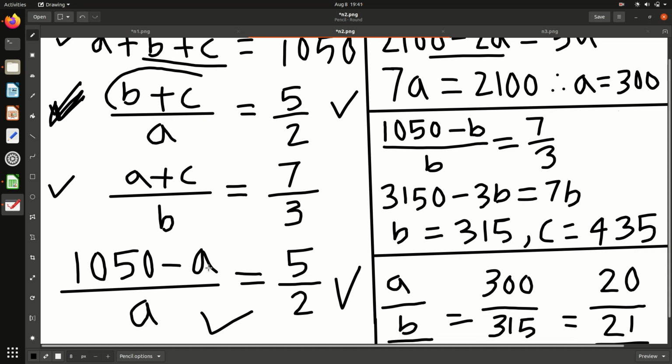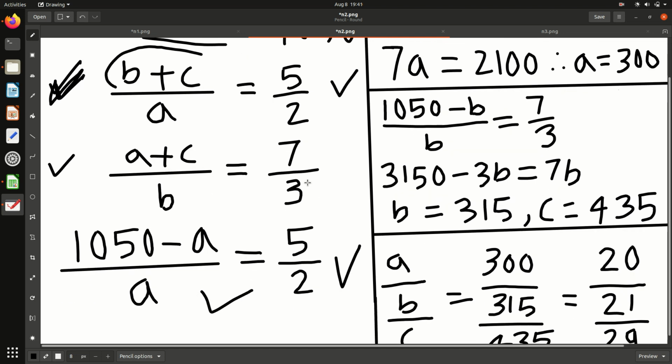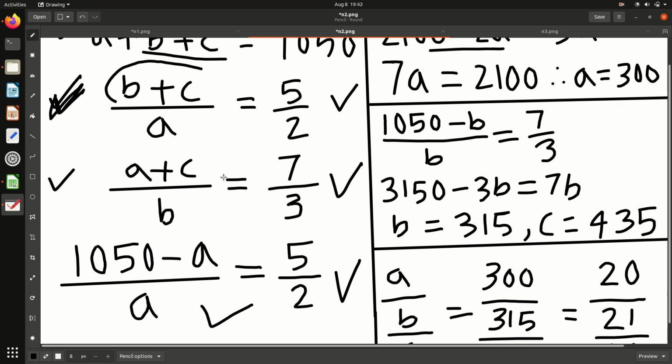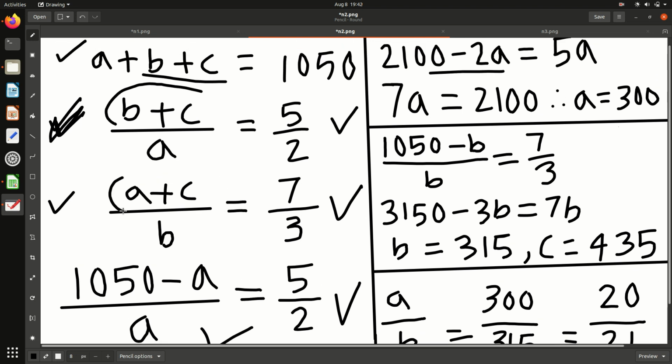Now we have to get the value of b. If you look carefully at equation 3, here also we can replace a plus c with 1050 minus b, because a plus c will be 1050 minus b from equation 1. So this thing we can put here. Once we put 1050 minus b here, everything becomes in single variable, so we can easily solve it.